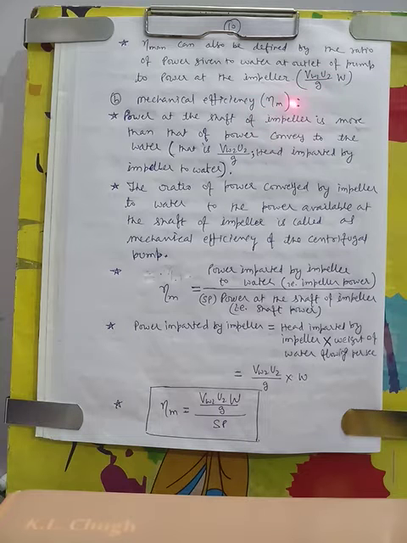Now what is the mechanical efficiency? Power at the shaft of impeller is more than the power conveyed to the water by the impeller. So the ratio of the power conveyed by impeller to the water to the power available at the shaft of impeller is called the mechanical efficiency of the centrifugal pump.